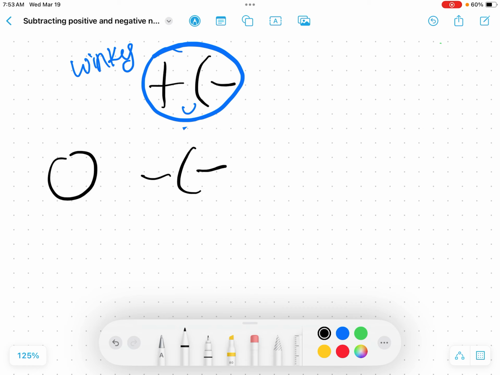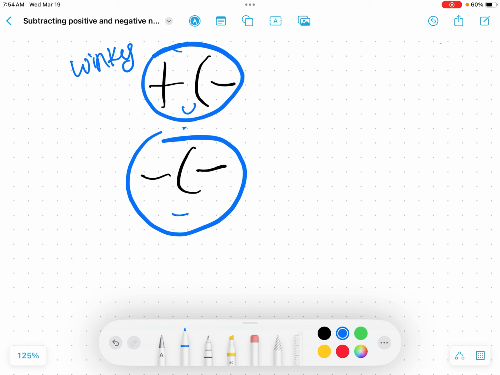You guys ever seen the emoji that's like, meh, just like that? That's where Squinty Face comes in. So this guy right here is Squinty. That's when we have the 2 negative signs. So instead of a positive sign and a negative sign, that's the winky. Squinty face is 2 negative signs next to each other.